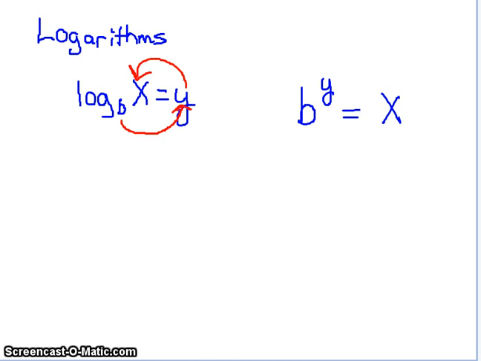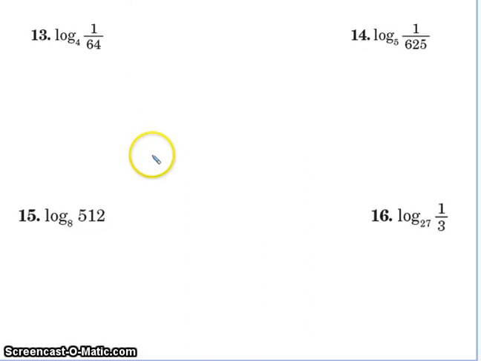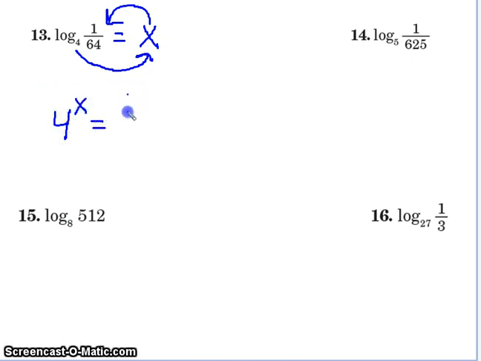We're going to use this to look at a few more relationships. We were working some of these in class, and then we're going to talk about our logarithm functions and graphing those as well. So if we want to evaluate this, if we set it equal to x, then we are going to say 4 to the x equals 1/64.